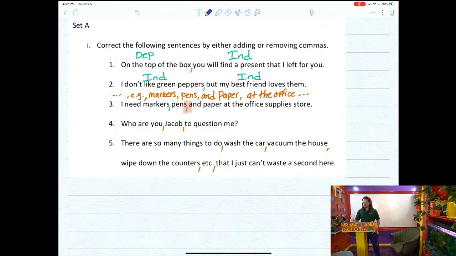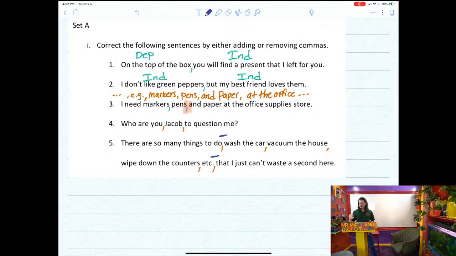So in this situation, notice we could have also used dashes right here to really set off that parenthetical listing of phrases, of actions that we need to do. There are so many things to do, dash, wash the car, comma, vacuum the house, comma, wipe down the counters, comma, etc., period. Excuse me, if we had a dash, we wouldn't use a comma.